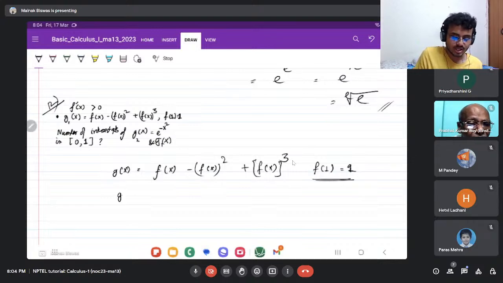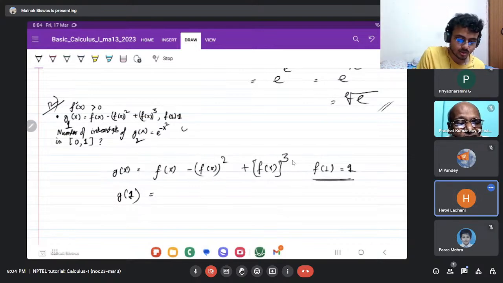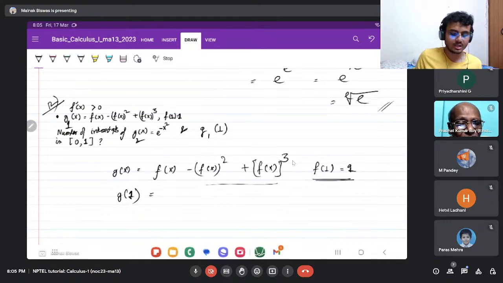What is the value of g of 1? We are asked how many intersections there are between g2 and g1, between 0 and 1.